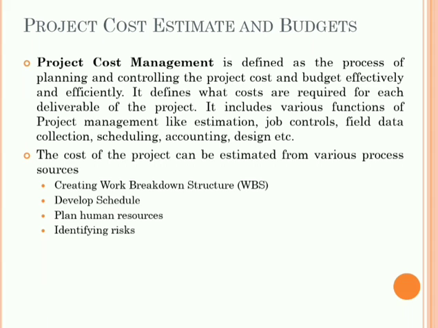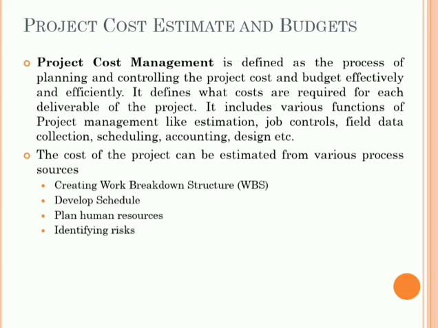The cost of the project can be estimated from the various process resources, that is by creating the work breakdown structure, developing the schedule, planning the human resources, and identifying the different risks. This is how we create the project cost estimation and budget of a project.